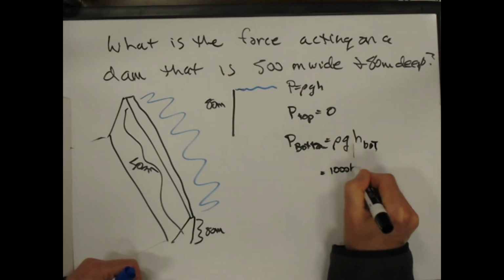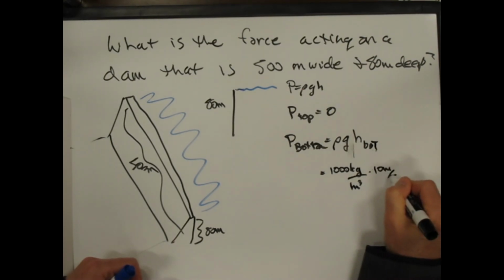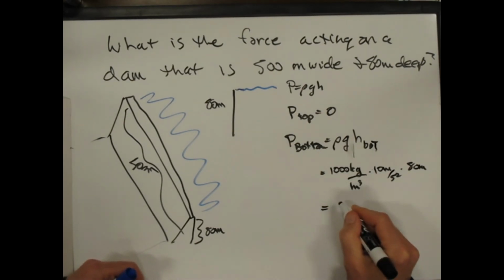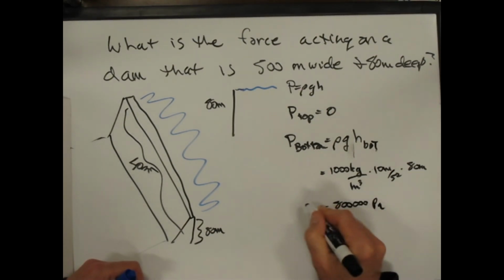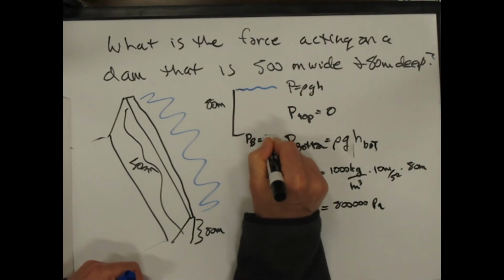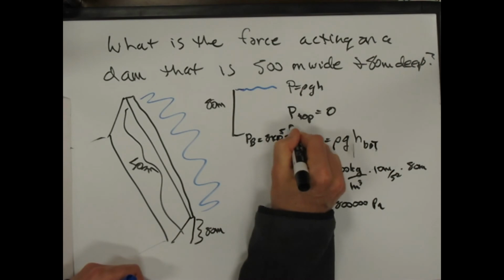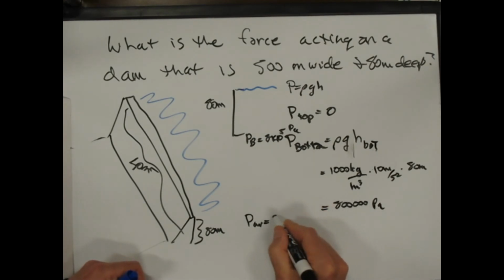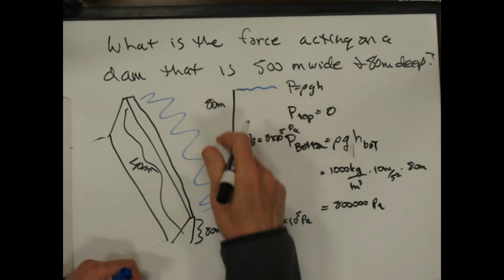That's 1,000 kilograms per meter cubed times 10 meters per second squared times 80 meters, which is 800,000 pascals, and that's the pressure at the bottom. So P bottom equals 8 times 10 to the 5th pascals. And so the average pressure is just halfway in between. It's 4 times 10 to the 5th pascals, and that's the average pressure that the wall feels.